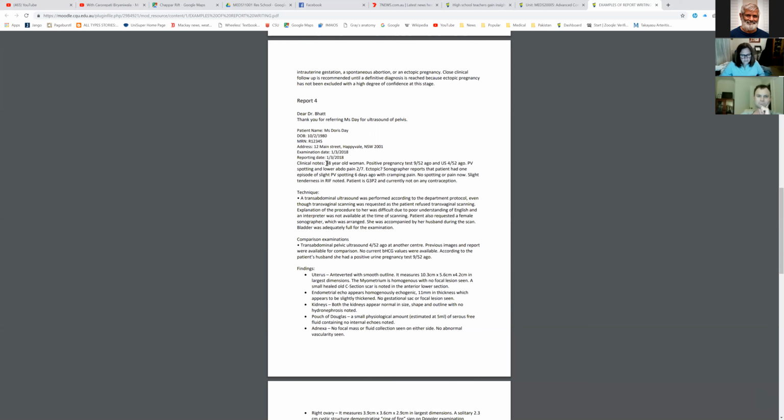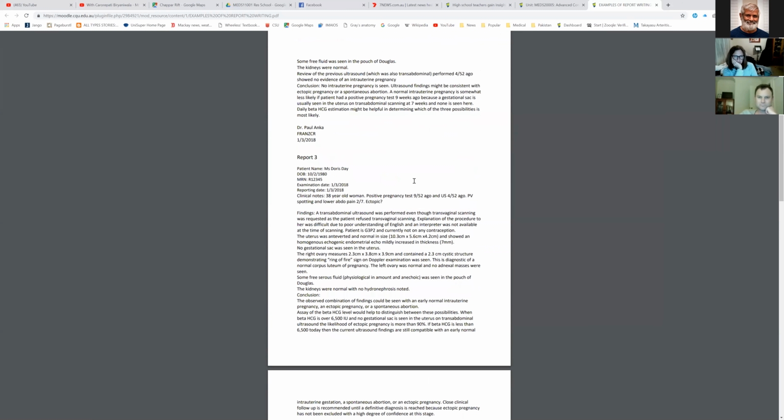It has copied what was written: 38-year-old woman, positive pregnancy test, ultrasound 4 weeks ago, PV spotting in lower abdomen, up to here. But then it adds something. The sonographer reports that the patient had 1 episode of slight PV spotting 6 days ago with cramping pain. Everything is now completely in a different context, right?